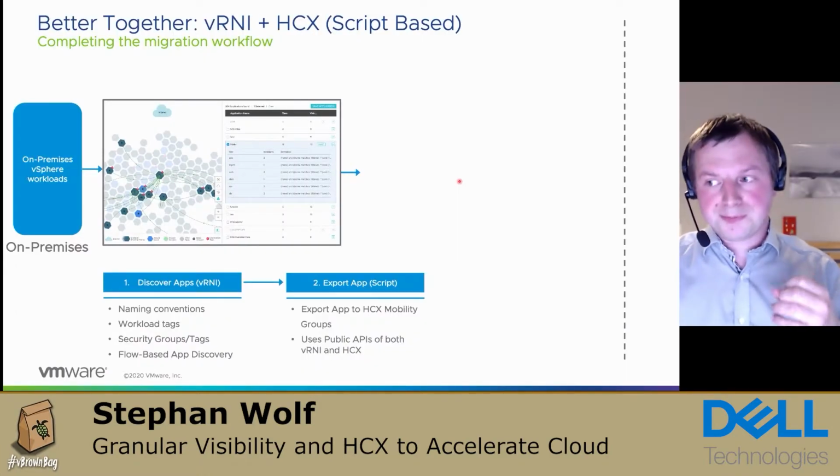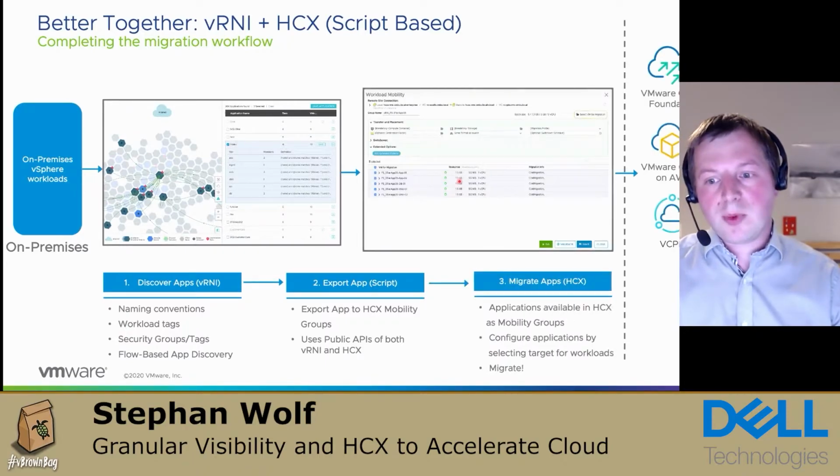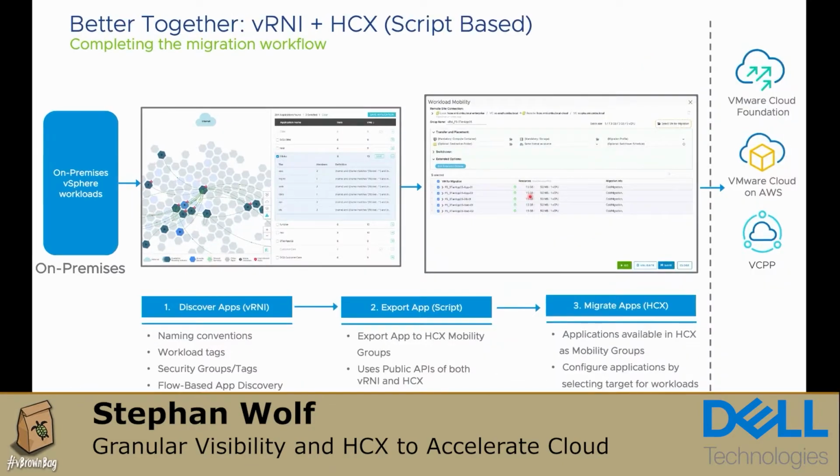Then we export this grouping to HCX. When we have this grouping in place in HCX, we can say, okay, with this group we can move the group completely over. All VMs will be moved over at the same time.